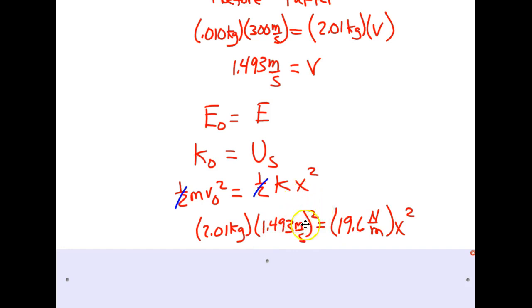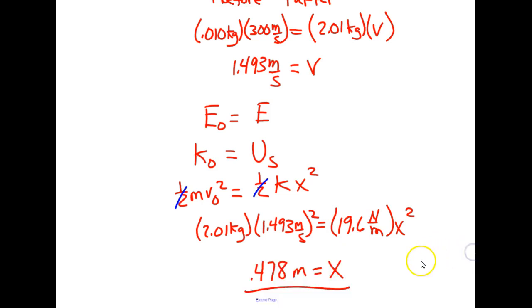Don't forget to square. And we have our spring constant given above in the problem, 19.6 newtons per meter, times our compression squared. Go ahead and do the algebra. You'll have to take the square root after you divide, and you should get a compression of 0.478 meters.